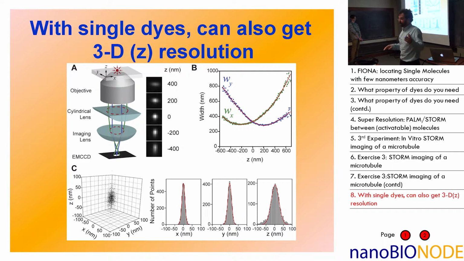Initially, the very first measurement, only looking at x and y, took 24 hours. Nowadays, you can do it in maybe a few minutes, but 30 minutes is actually quite common. Okay, thank you.